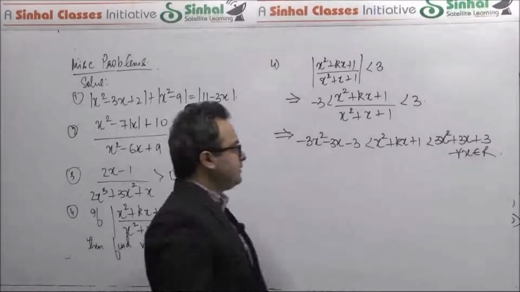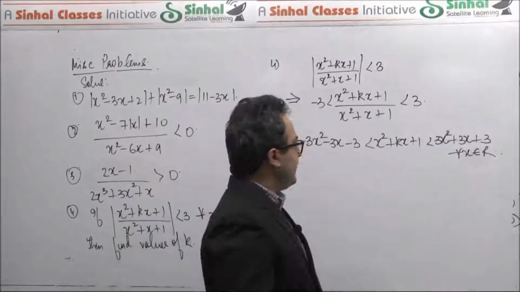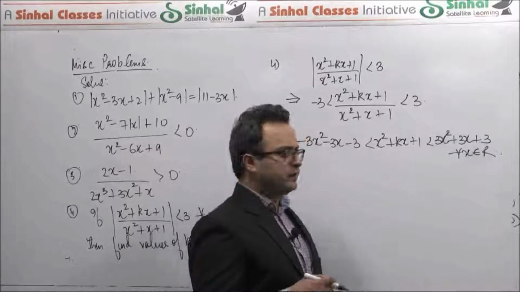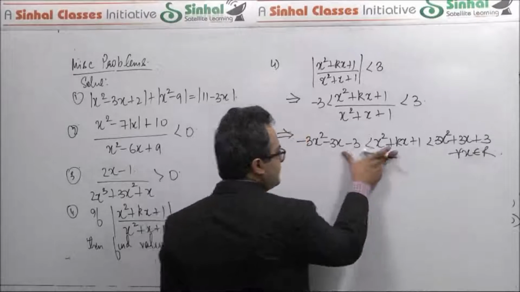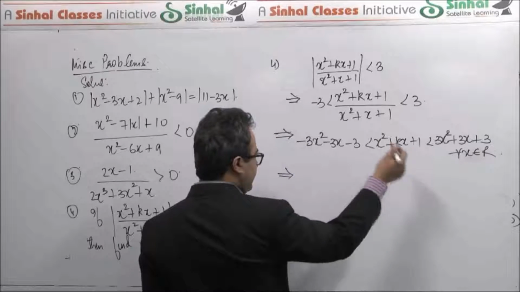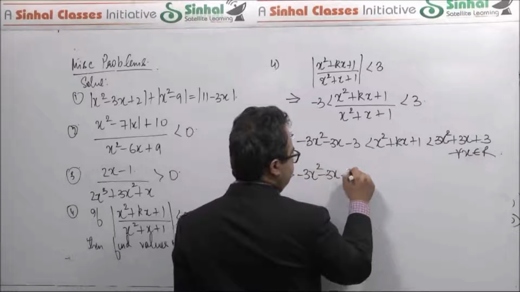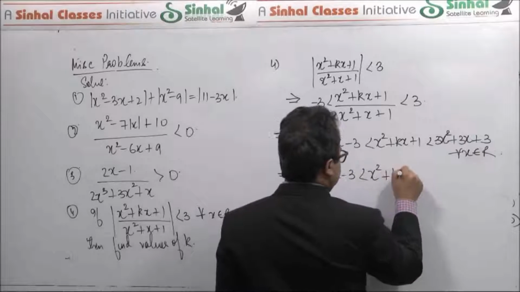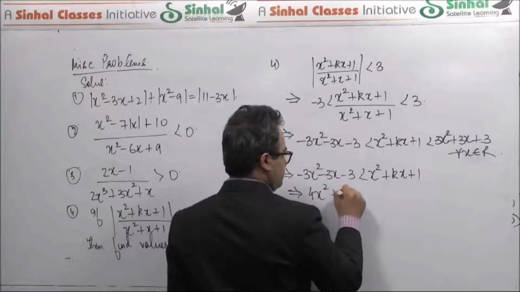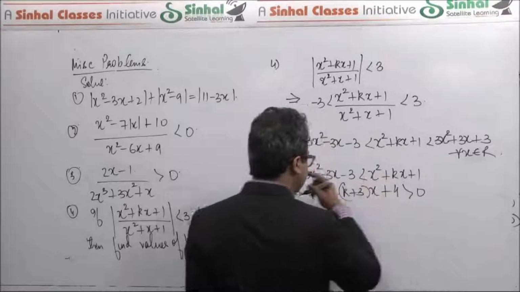So there are basically two inequalities over here, 1 less than 2, 2 less than 3, right? And the key word over here is for all x belonging to R. So you have inequalities which are holding true for every value of x. So if I consider the 1 less than 2 inequality, and I take all the terms to one side, I get this.